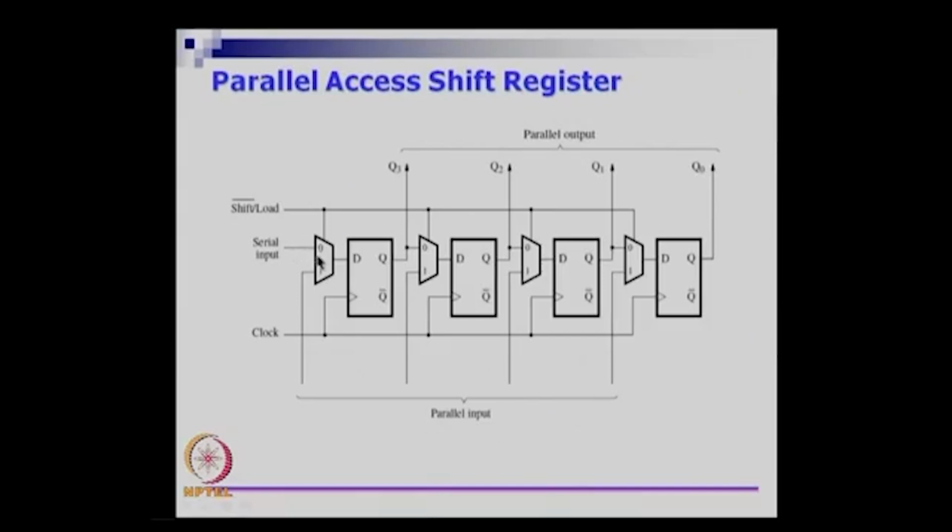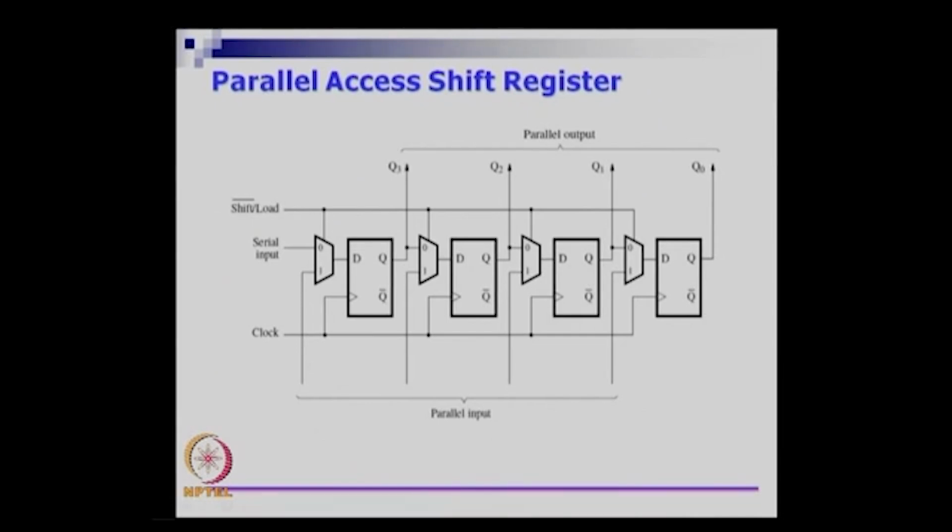However, if you notice, there is some mux which is connecting various things. So let us see what this is actually doing. If you look at the mux here, there is a select line coming in which says either shift bar or load. So you can call this line either shift bar or load, right.